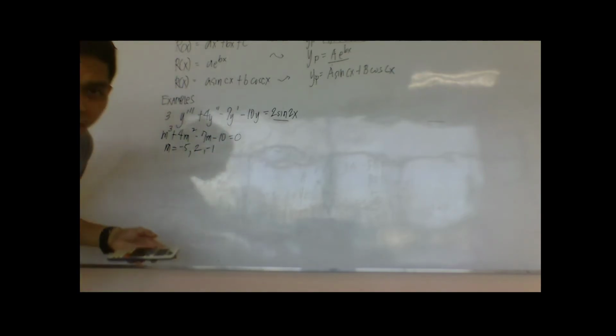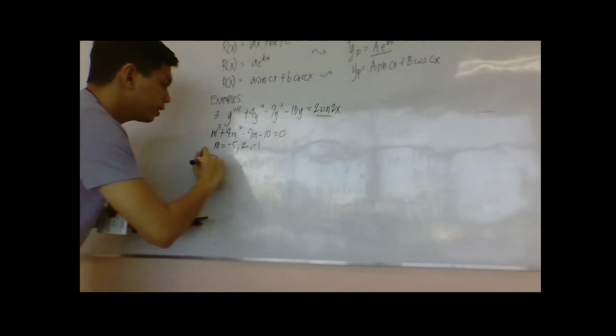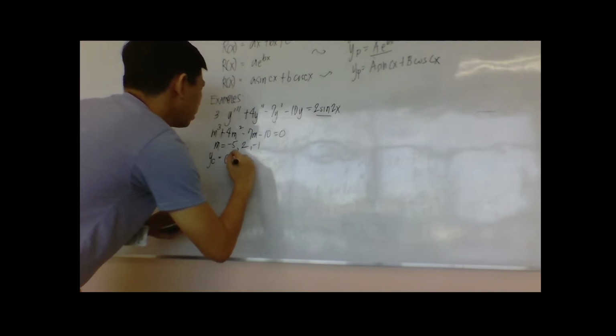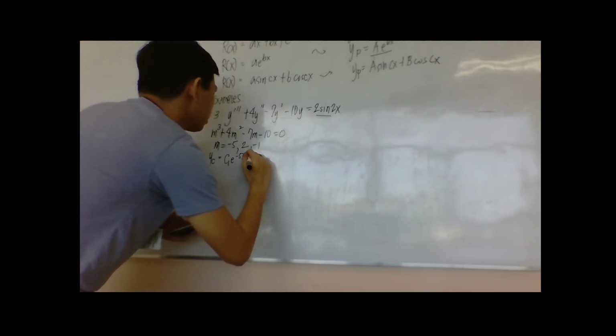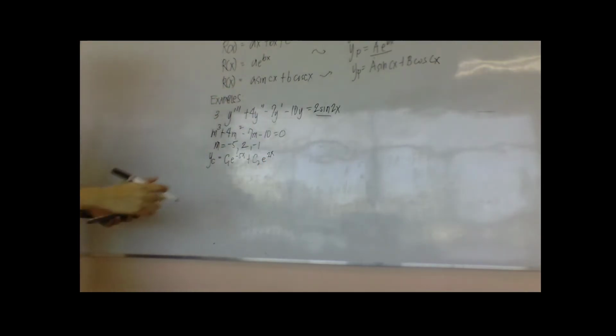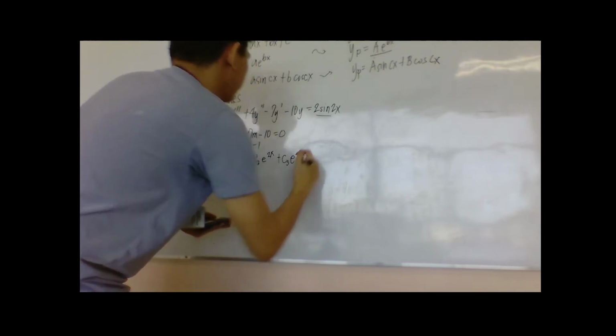Okay, so these are our roots. So we can get our yc is equal to c1 e negative 5x plus c2 e 2x plus c3 e raised to negative x.